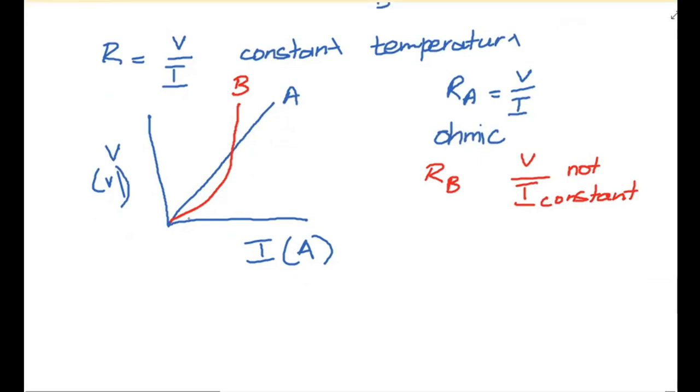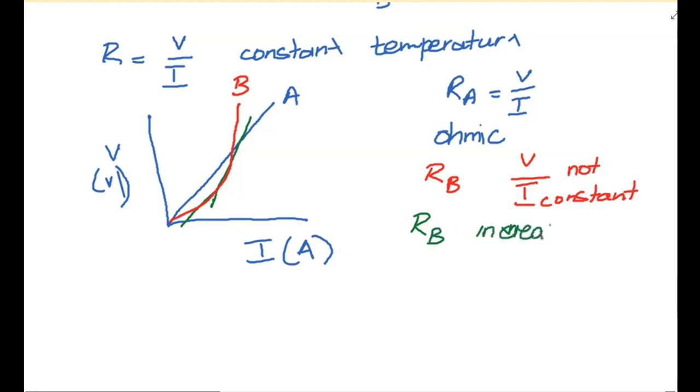If I had to take the gradient, can you see how, oh my terrible drawing, sorry, can you see how the gradient is getting steeper as the current increases? And in fact, what's happening here is that as the current increases, the resistance of B is increasing.